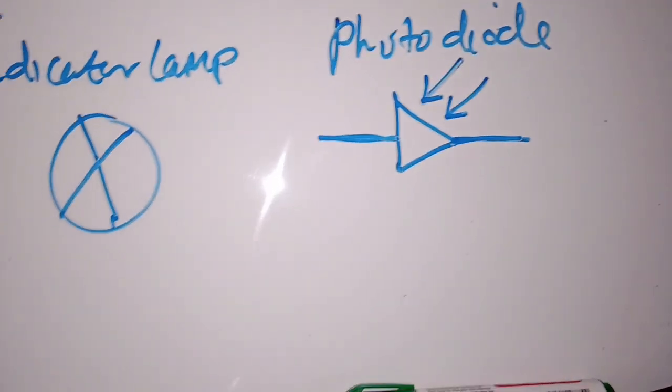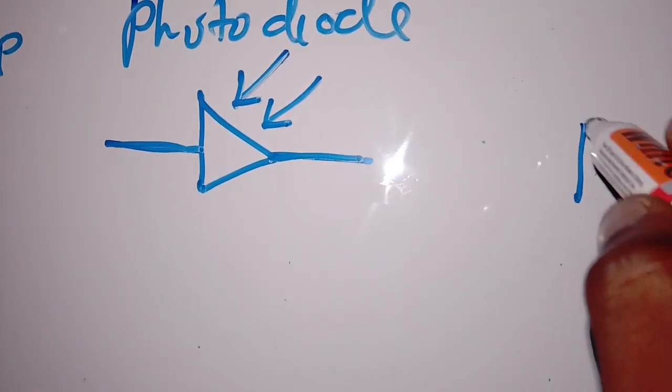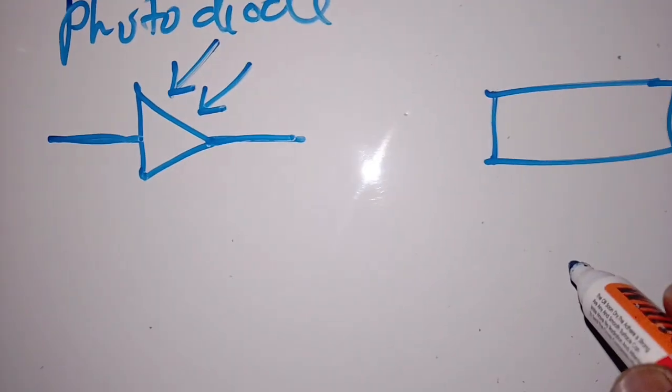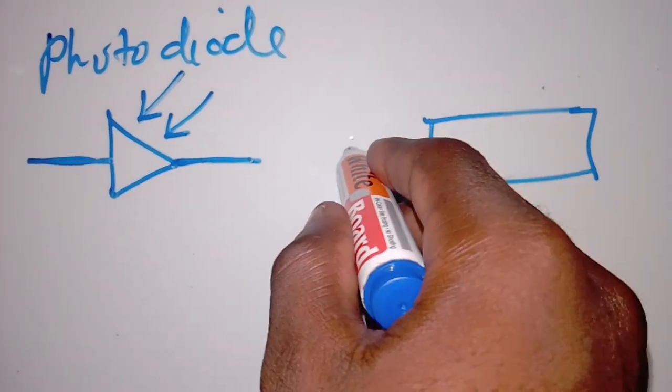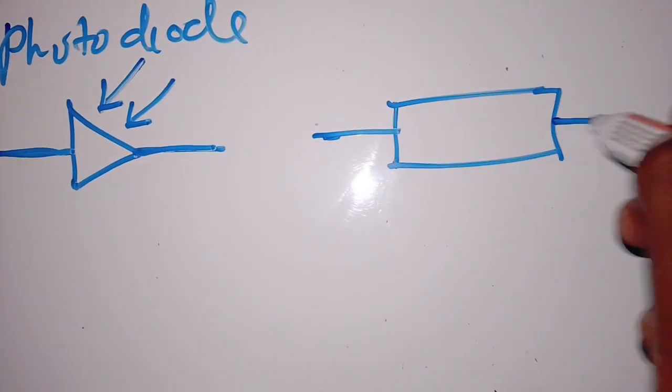And then you have the light dependent resistor. You draw it more like a box, which looks like a fuse, but the line doesn't go beyond the box like that.